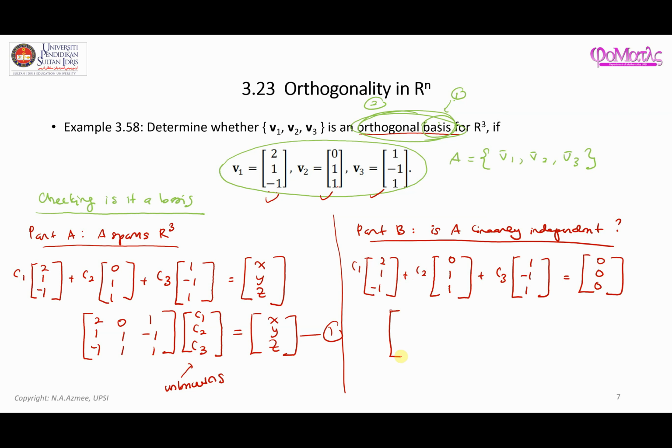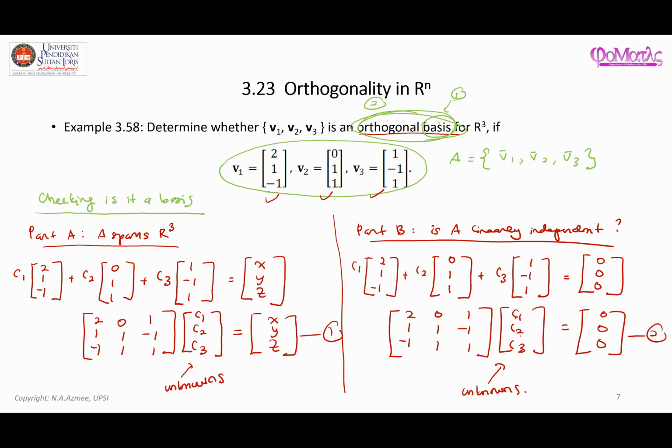So we can consider this representation. Similarly, these are the unknowns, and we need to make sure that all the values here are 0 in order to demonstrate that A is linearly independent. I'm going to call this equation 2.